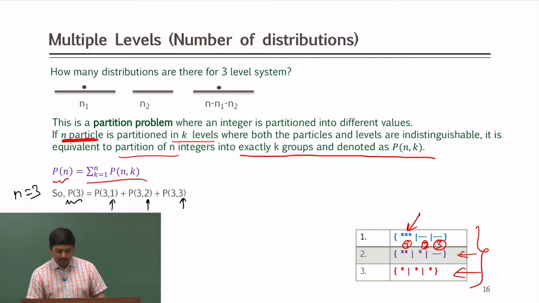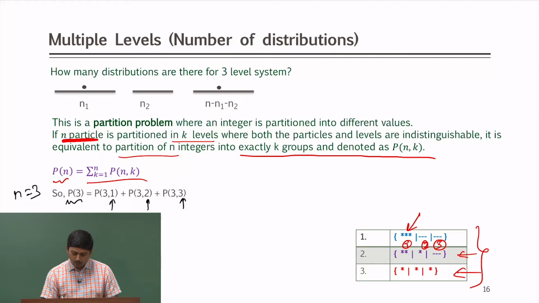In order to get that, how many ways can I separate my 3 into one part? Only one way, that is 3. I am breaking 3 in only one way. So, p(3,1) is nothing but 1.